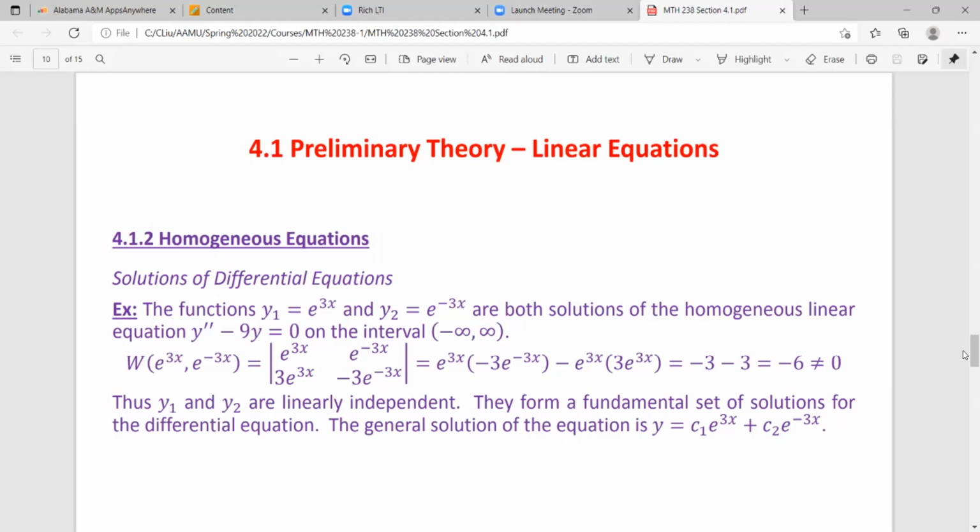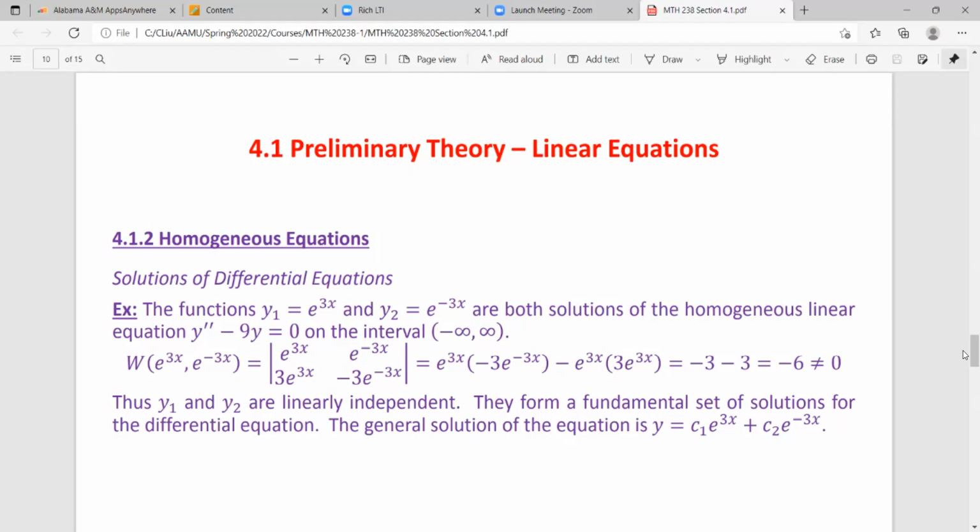So you get 3 times e to 3x. And similarly, when you take the derivative of e to negative 3x, you get e to the negative 3x times the derivative of negative 3x, which is negative 3. Okay. So that gives you negative 3 times e to the negative 3x. So the determinant of this is just e to the 3x times negative 3 e to the negative 3x minus e to the negative 3x times 3 e to the 3x.